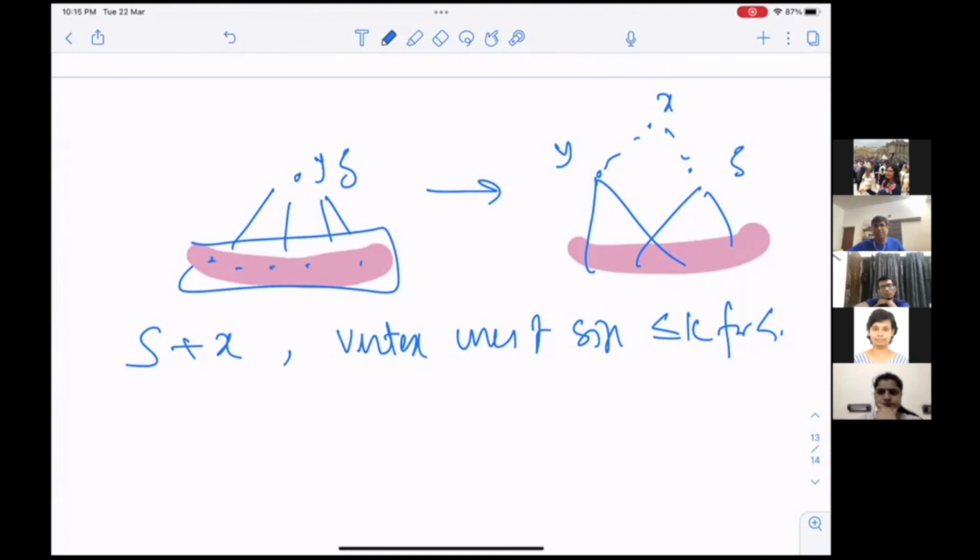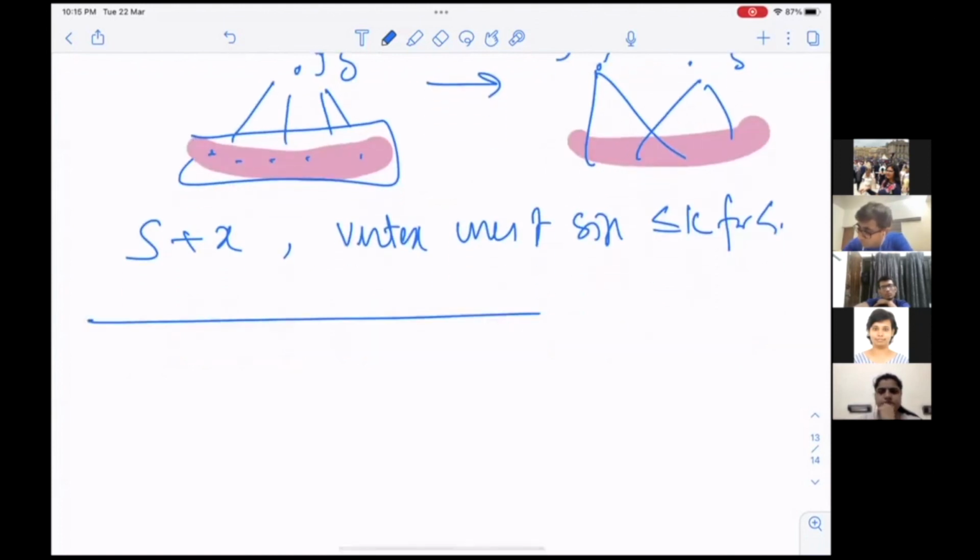But at the end of this, what did we achieve? We achieved that the minimum degree is 3. By the way, this will not give us something amazing, but it is one of the useful heuristics for vertex cover in practice.